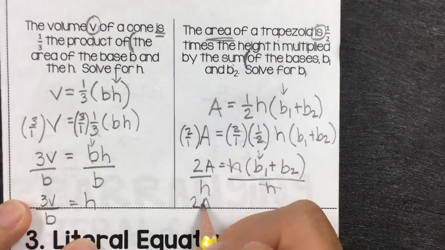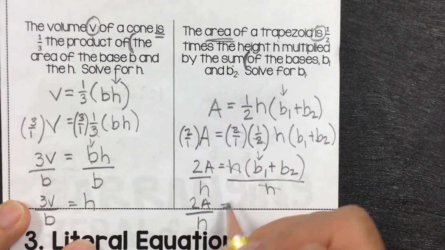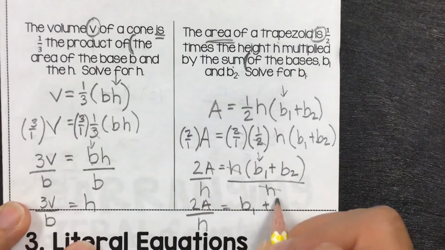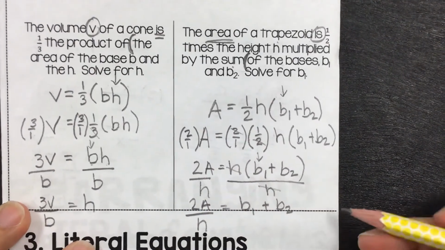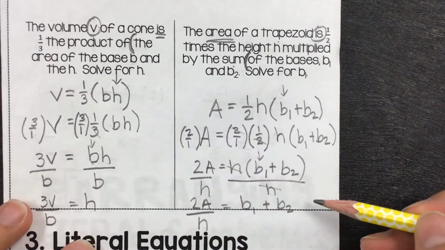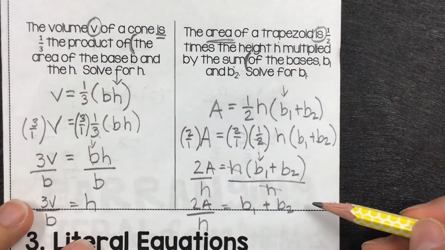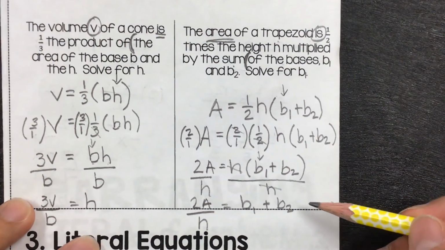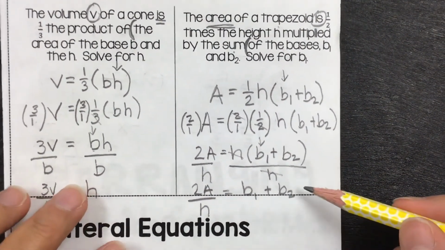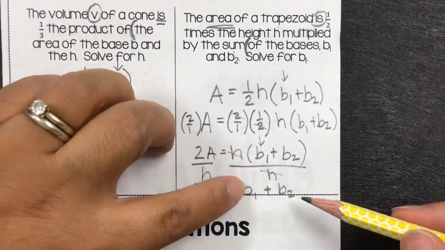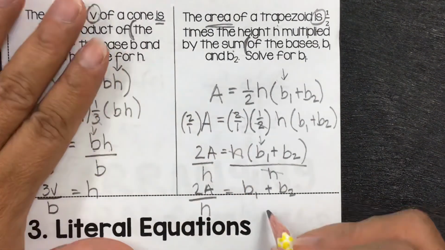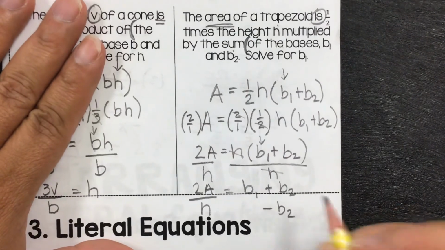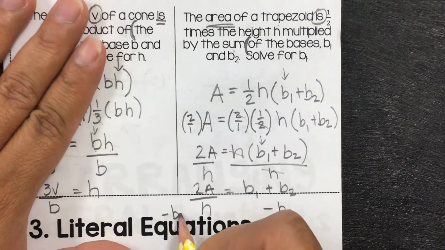Now we have 2a divided by h is equal to B1 plus B2. This is also where students get confused because they leave the parentheses and are not sure what to do. We don't need them anymore. Don't forget what you're trying to solve for is B1, so we have to subtract B2 from both sides.